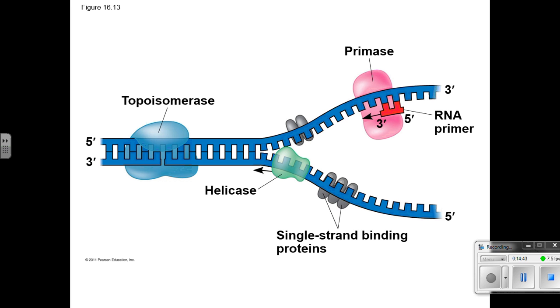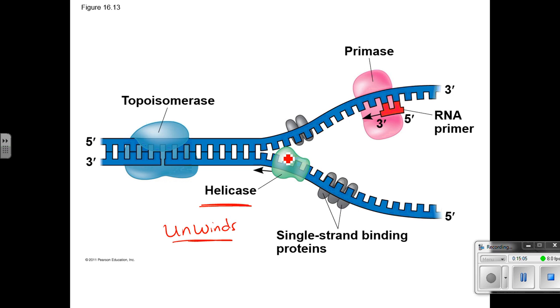Here's a quick picture that highlights some of the enzymes that are important in DNA replication. Helicase is what unwinds the DNA. The DNA is a twisted ladder, it's a double helix. It's going to unwind that helix so that it's not twisted anymore.